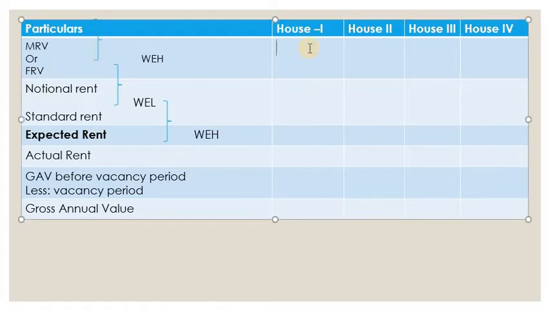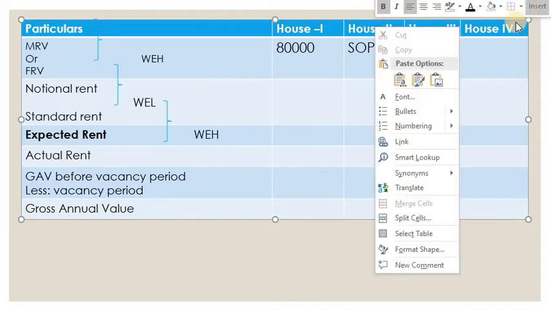So 80,000, then the next house it is 75,000. Then the next house is self-occupied, so there is no need to write. In fact this column is not required, so let us delete this column.